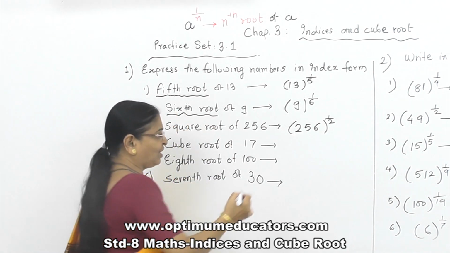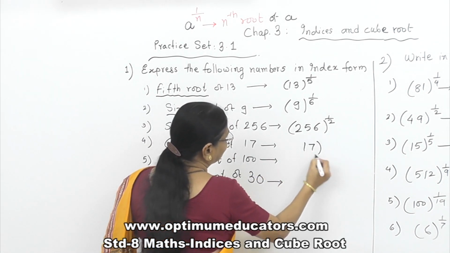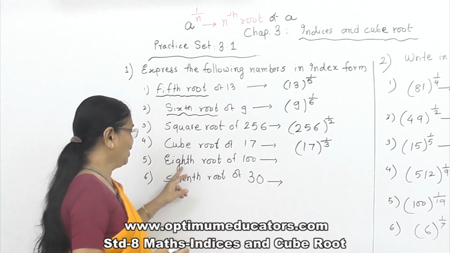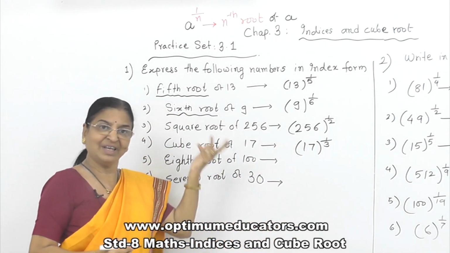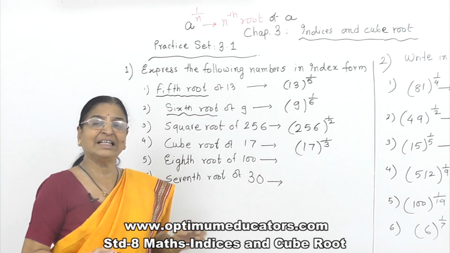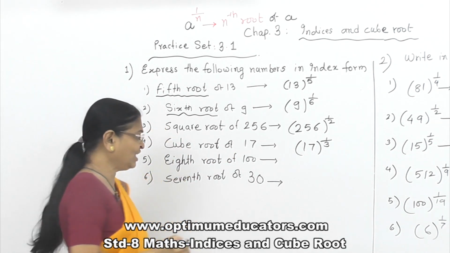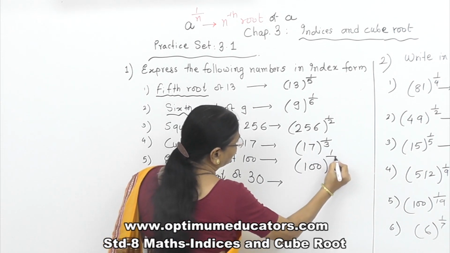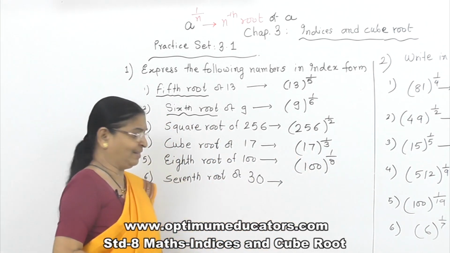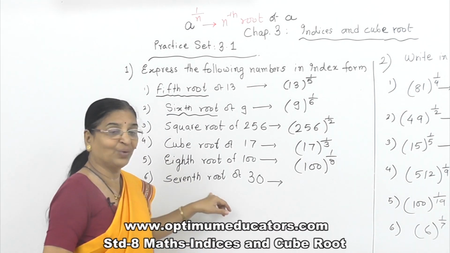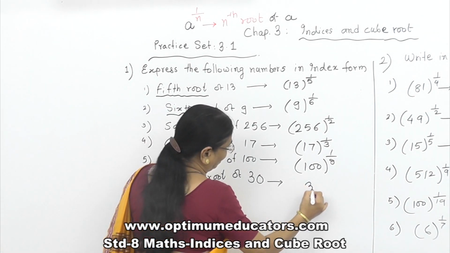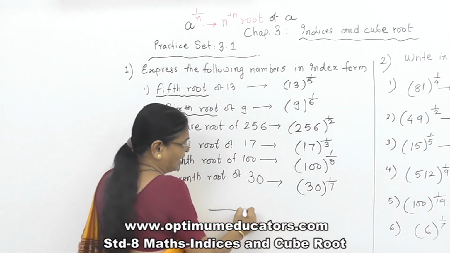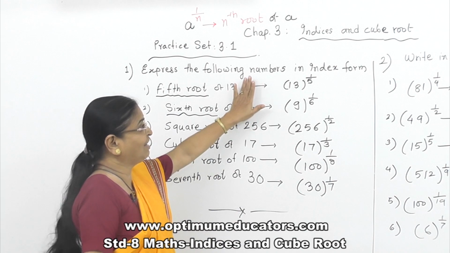Cube stands for 3. And so it is 17 raised to 1 upon 3. Now 8th root. See, whichever the number is there, we have to write in the denominator. So here it is 100 raised to 1 upon 8. And the 7th root of 30. And so 30 raised to 1 upon 7. This is how we have written our first sum.